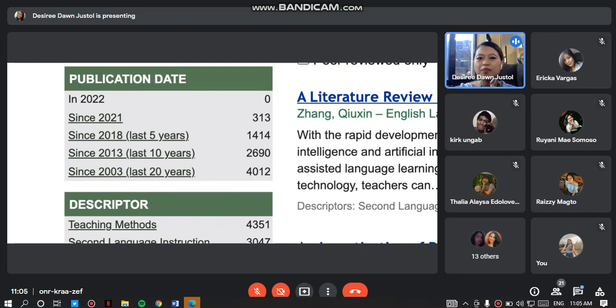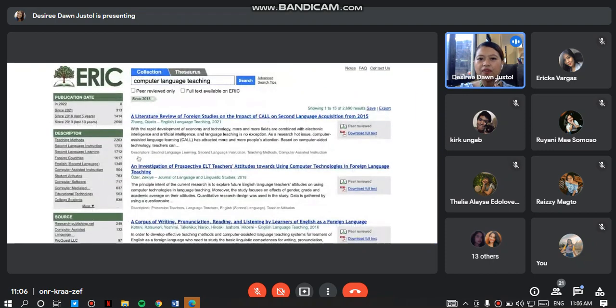So this would help you filter. For example, let's click, you can also choose 5 to 10 years. Okay, so the write-ups of research in that certain period come out, since 2013 up until the present.